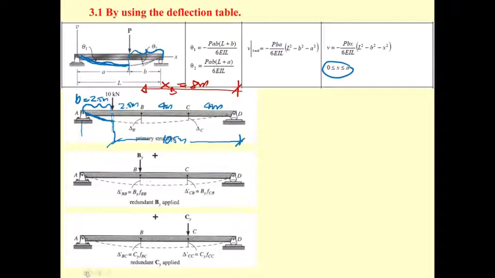And if you determine delta C, X sub C is going to be 4 meter.